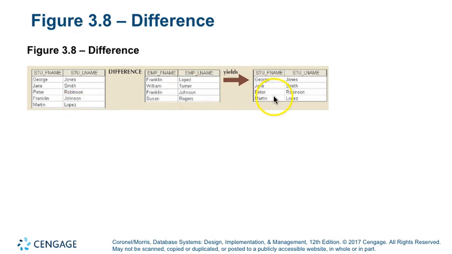Martin is in here. Susan doesn't appear because I'm subtracting these from this. I don't leave Susan around. So the difference is not the same if I do it the other way around. Not commutative.